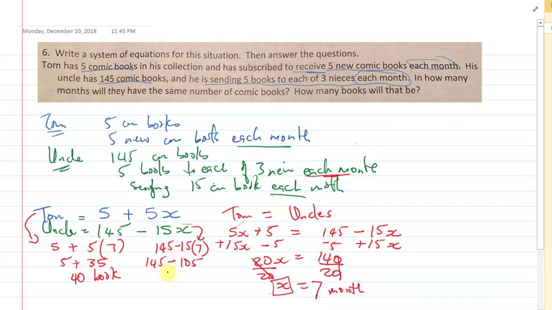So 145 minus 105 would be 40 again, so 40 books. So how many books will that be? They will both have 40 books. Okay, excellent.